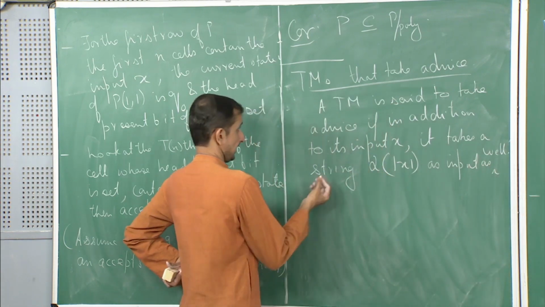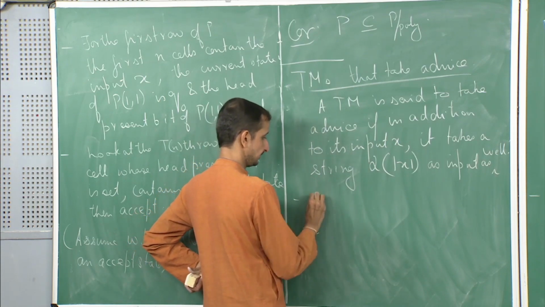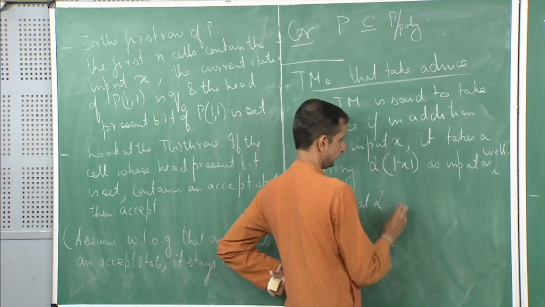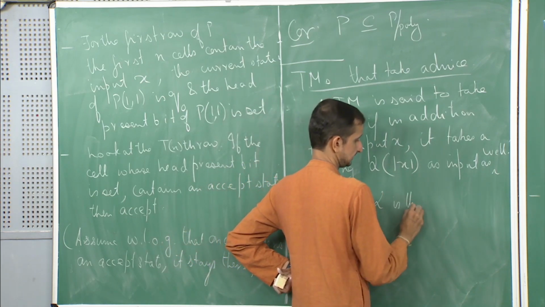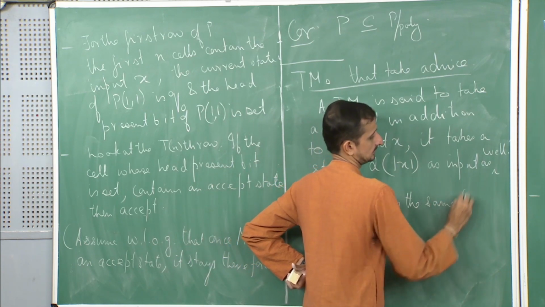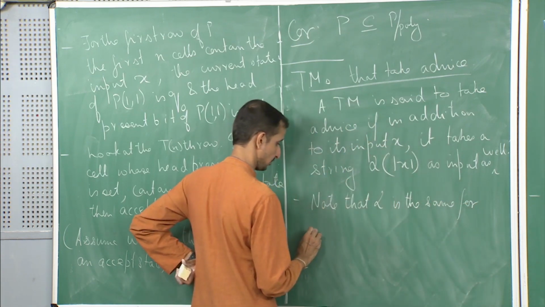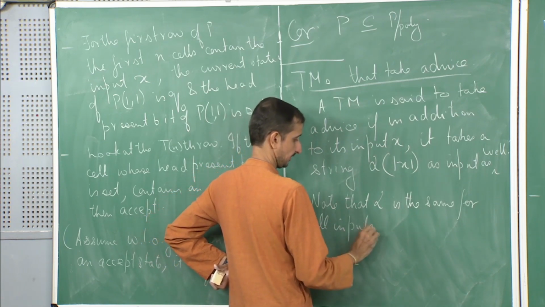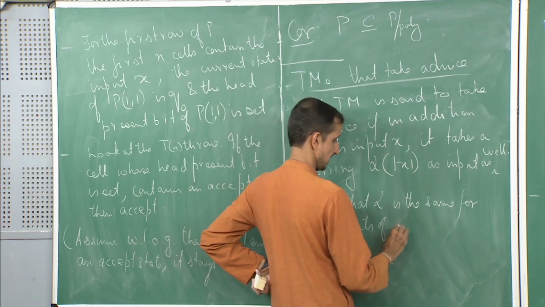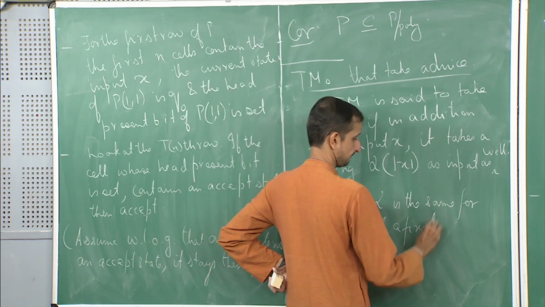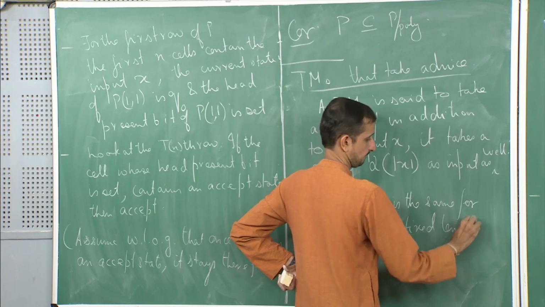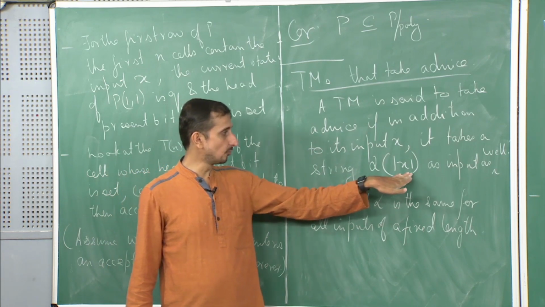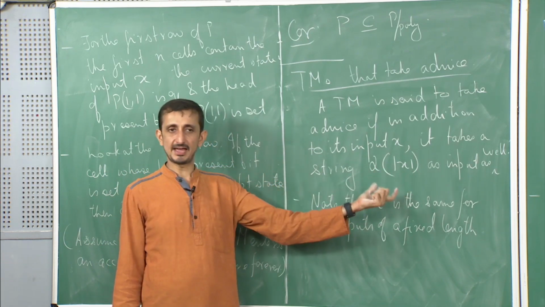And the point to be noted here is that alpha is the same for all inputs of a fixed length. So, alpha is a function which depends only on the length of the input; it does not depend on the actual input.